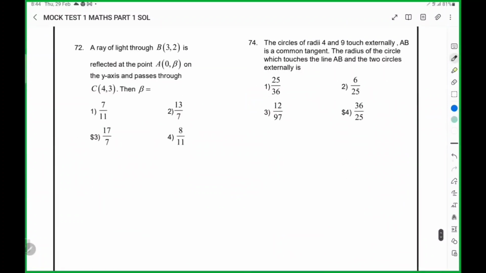Here, a ray of light passing through 3 comma 2, reflected at 0 comma beta on the y-axis, and passes through C, 4 comma 3.